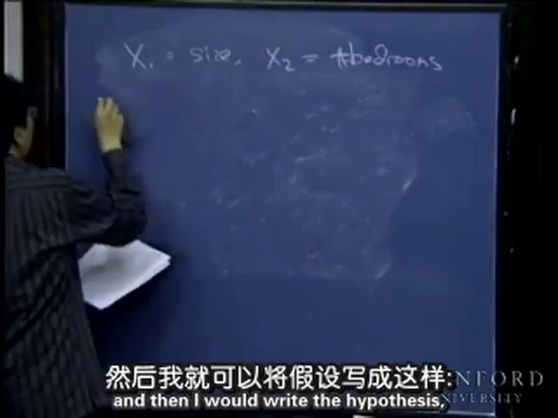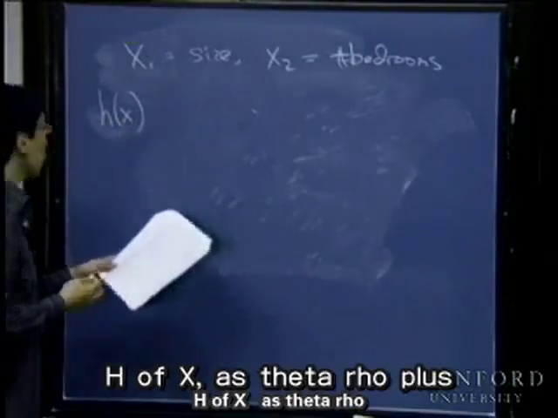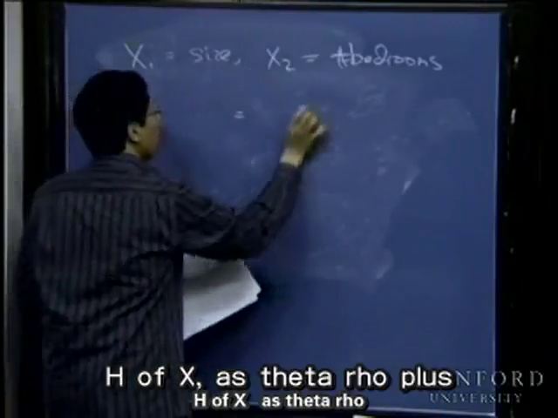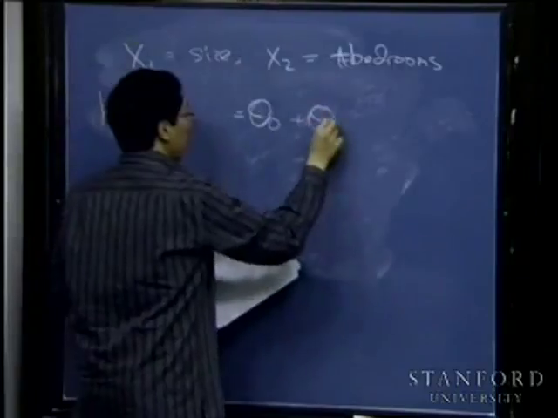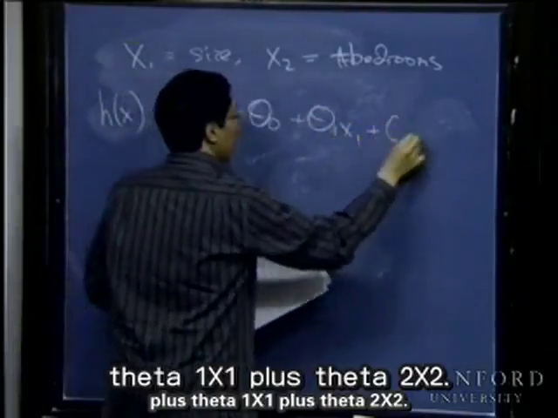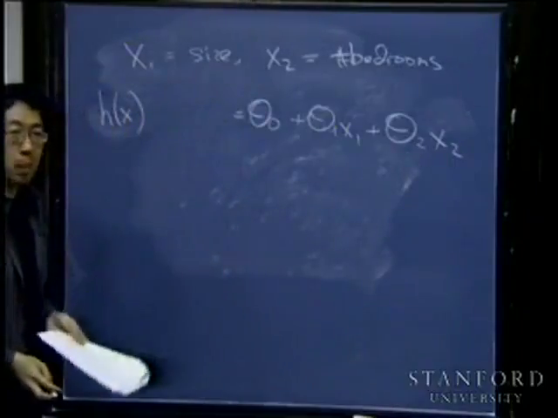And then I would write the hypothesis h of x as theta 0 plus theta 1 x1 plus theta 2 x2. Okay?